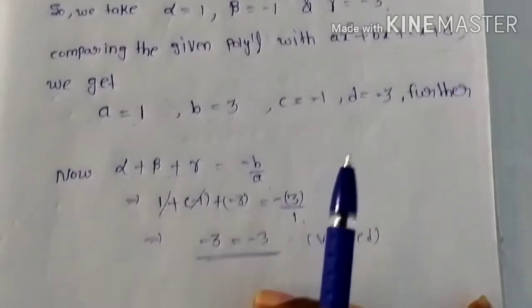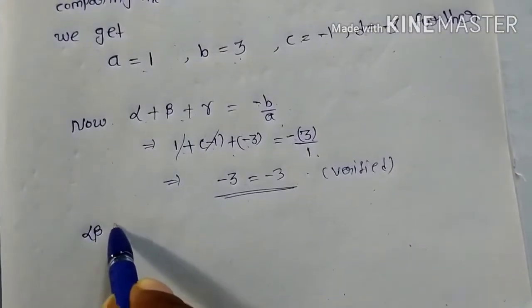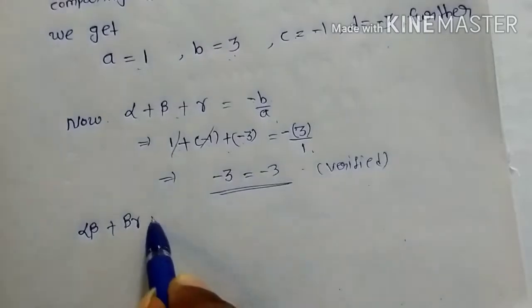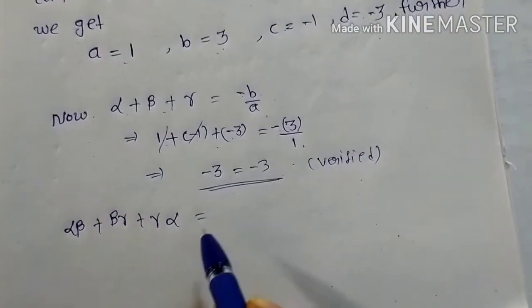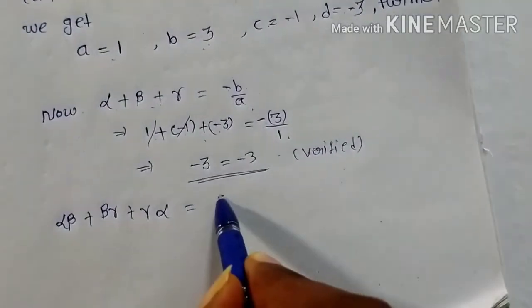In the similar way, next relationship: alpha beta plus beta gamma plus gamma alpha is equal to, what is the basic formula? You know that c by a.